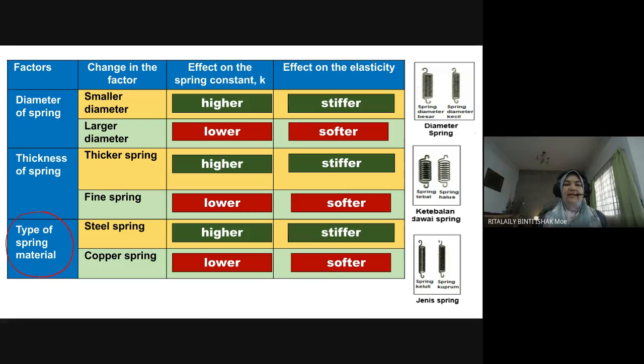Yang tak boleh measure, kita tak guna dalam variable kita. Okay, this is for physics. Kalau untuk yang lain, bio and chemistry berbeza. But for physics, when you do experiment, all the variables must be measurable, even though type of spring material is one of the factors.